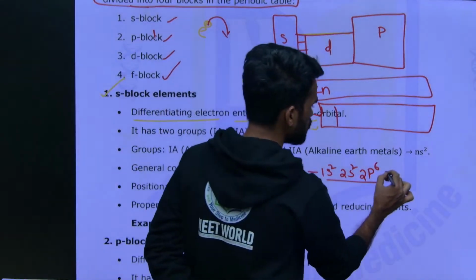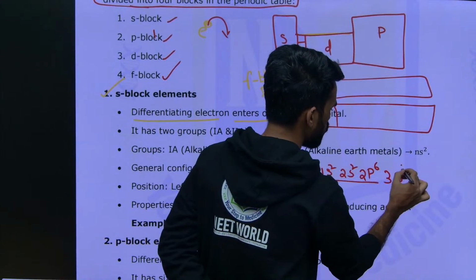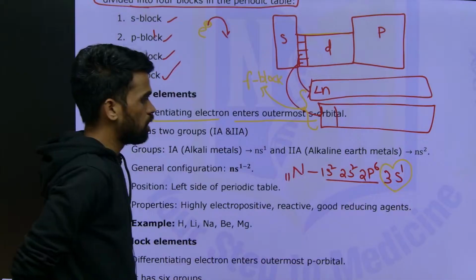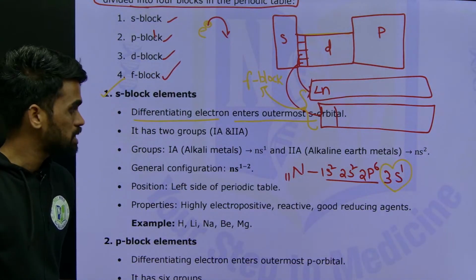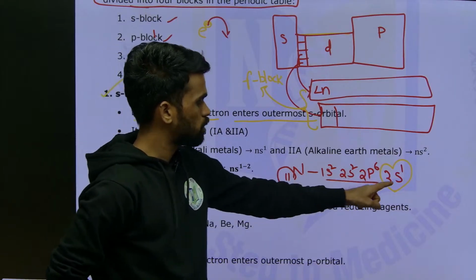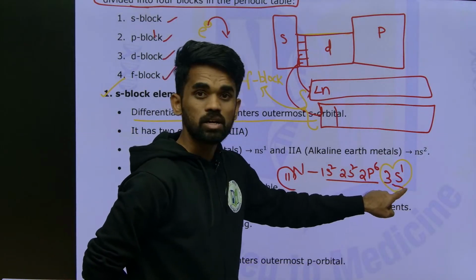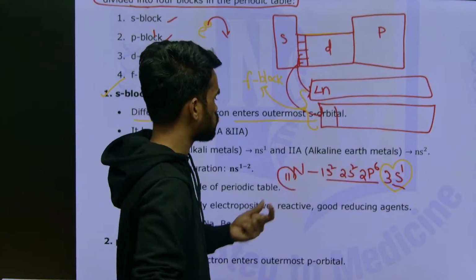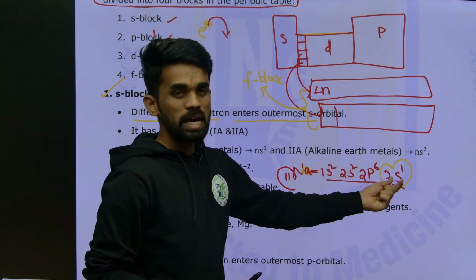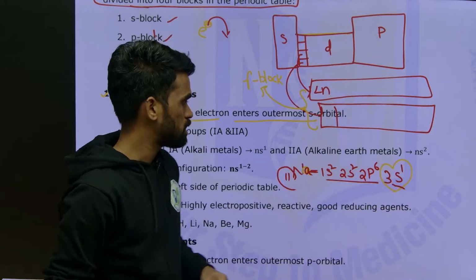The next is 3s1. So the last electron, the 11th electron of sodium, is entering into the s orbital, so sodium belongs to s block elements.